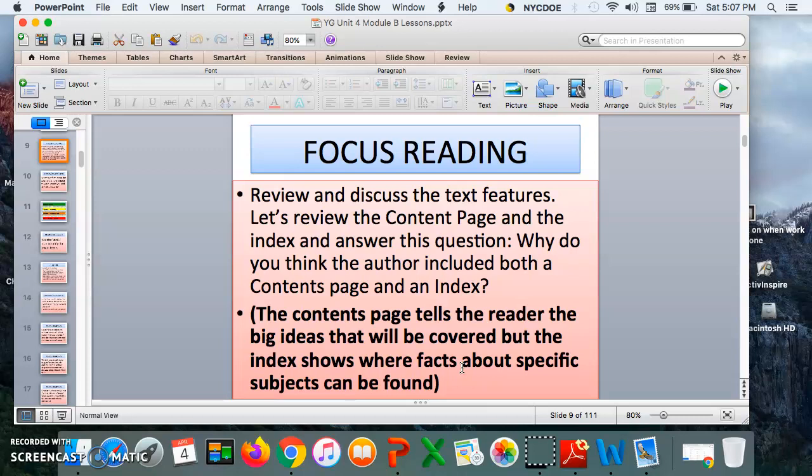I believe that the contents page tells the reader the big ideas that will be covered, but the index shows where facts about specific subjects can be found.